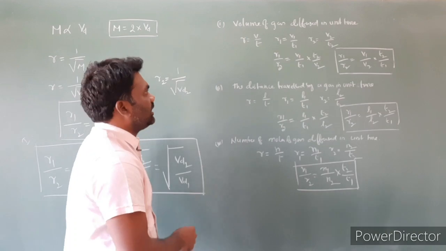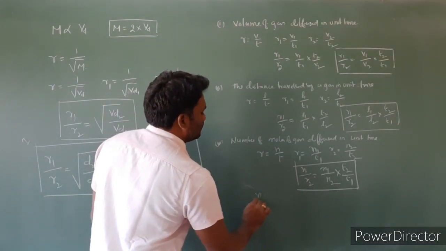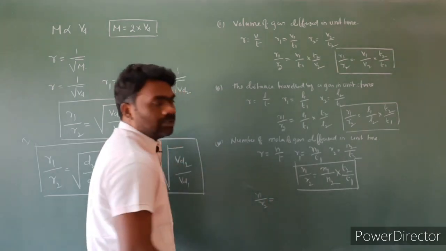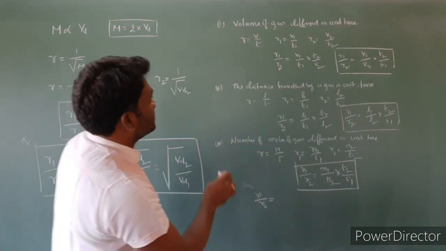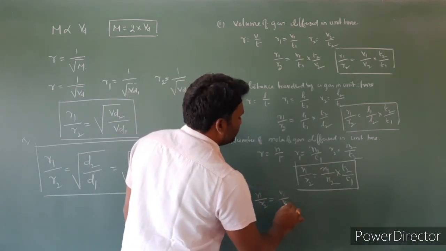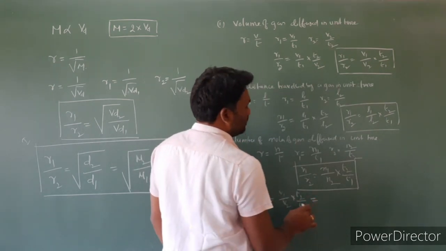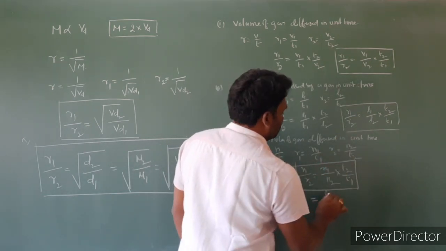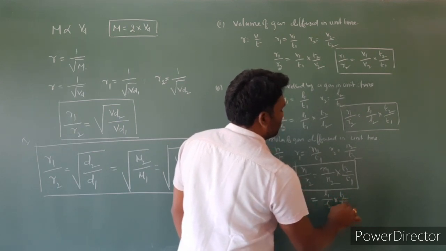So all together, the second set is R1 by R2 is equal to V1 by V2 into T2 by T1, that is equal to, next, L1 by L2 into T2 by T1.